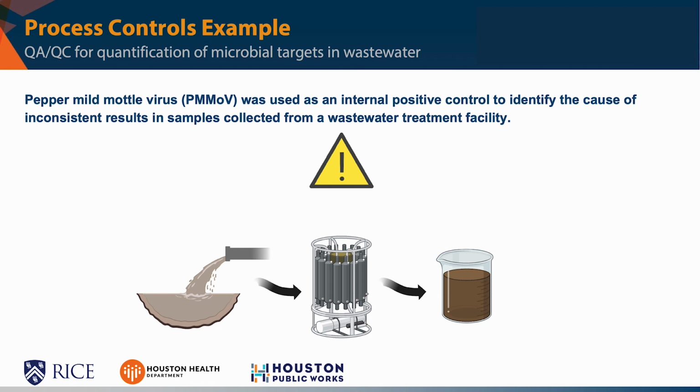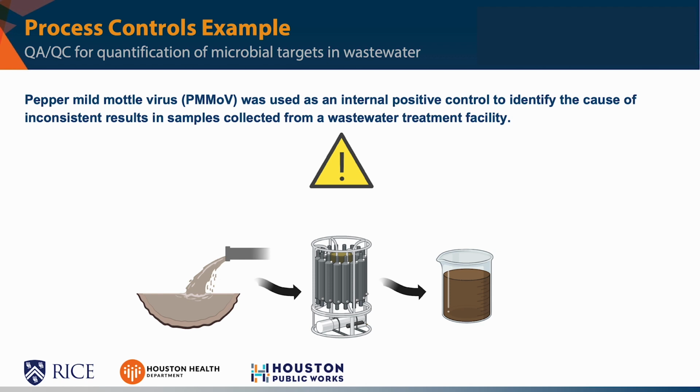In addition to SARS-CoV-2, we measure PMMOV in these samples. PMMOV is a positive external standard and is commonly used in environmental samples as a human fecal indicator because it is shed in feces at high levels. By measuring PMMOV, we can confirm that we are collecting representative samples that include inputs of human fecal matter.